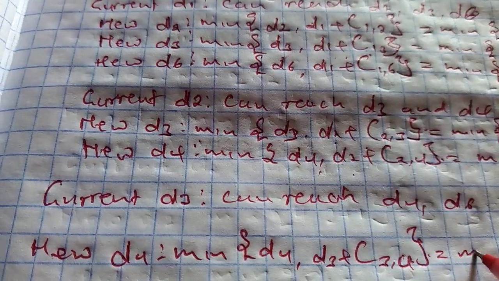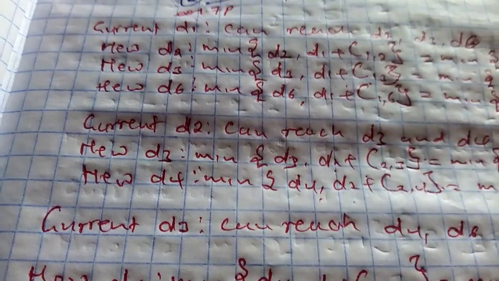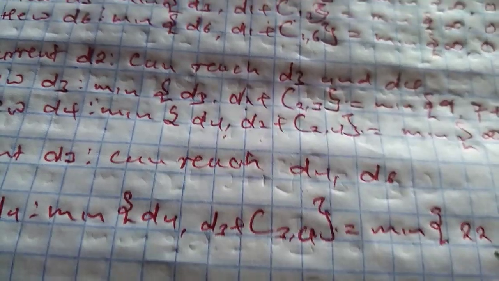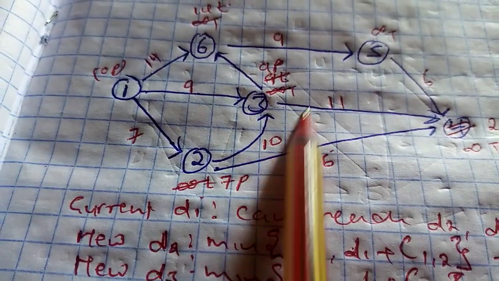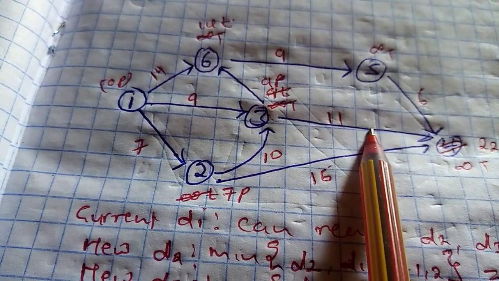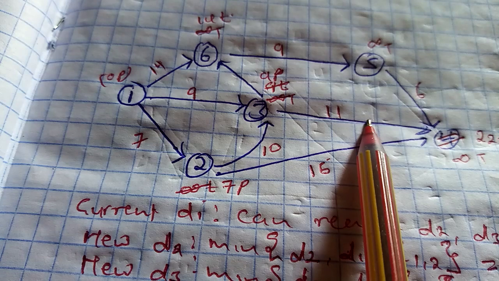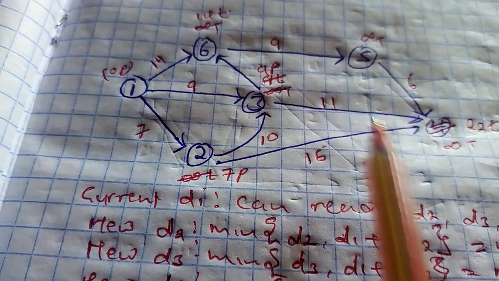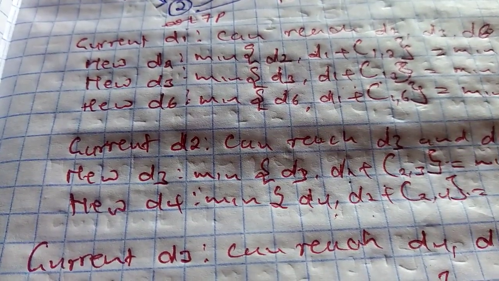What is our d4? When you go there, our d4 is 22. Minimum between 22 and d3, which here is 9, plus the weight, which is 11. 9 plus 11, we get 20.